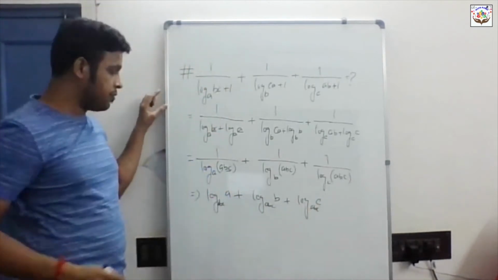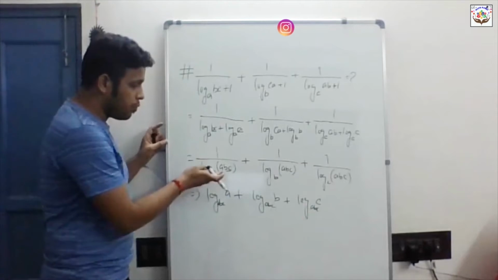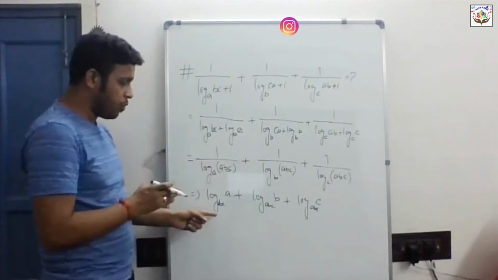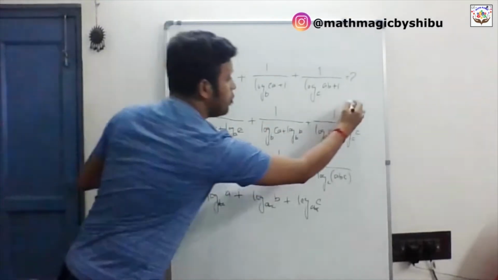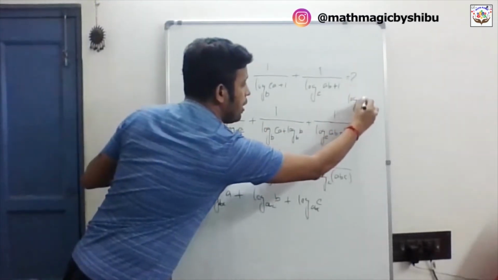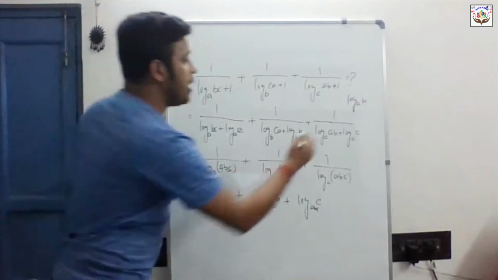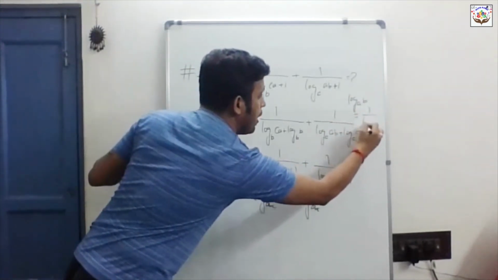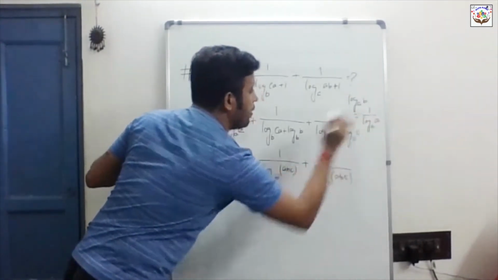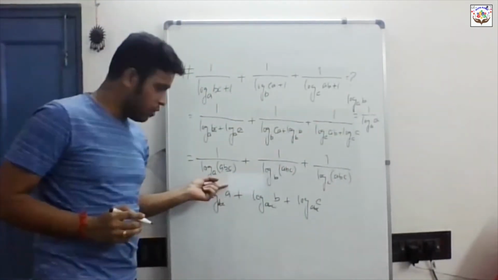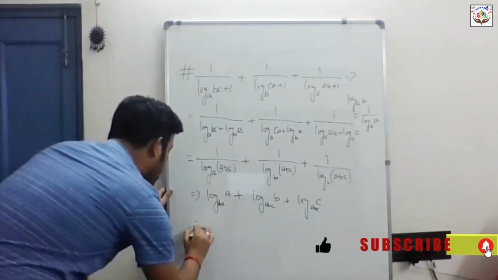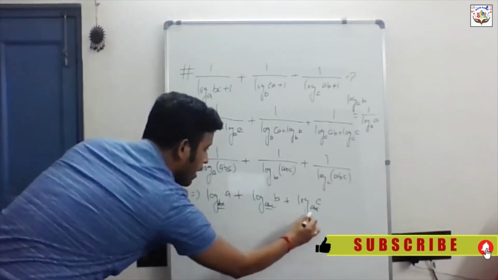I hope we can write it because it is a reciprocal one. I have just made it reciprocal, so the base will change. Suppose we can write it as 1 by log b a; this concept I have put here. So accordingly, the bases are the same, abc.